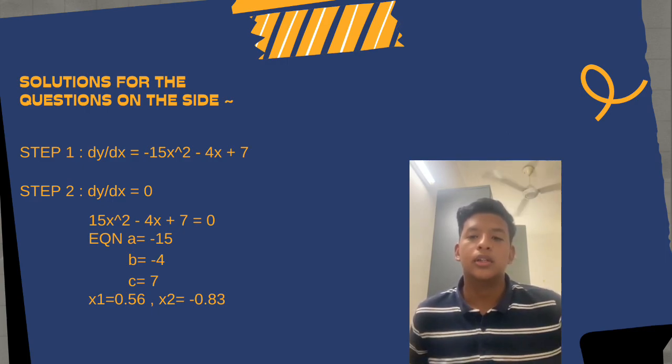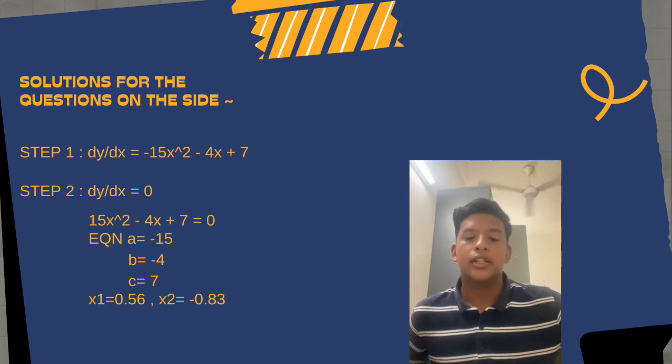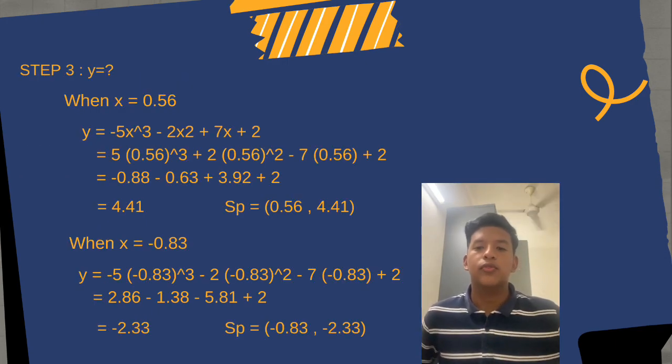Step 2: dy/dx = 0, so -15x² - 4x + 7 = 0. Using the equation, a is -15, b is -4, c is 7, and x1 is 0.56 and x2 is -0.83. Step 3: we want to find y.